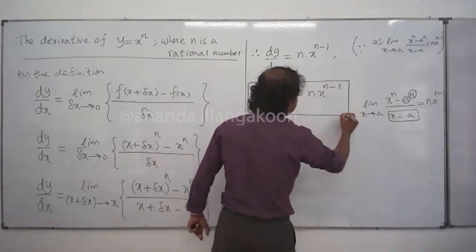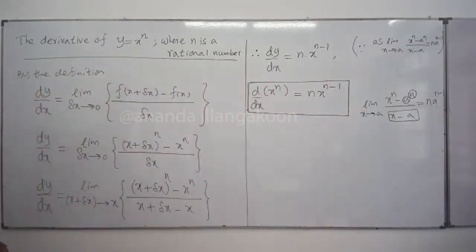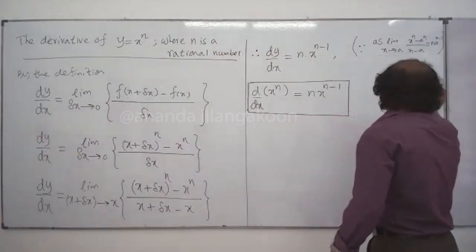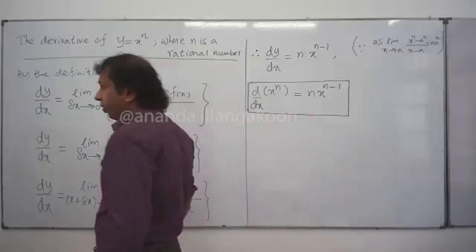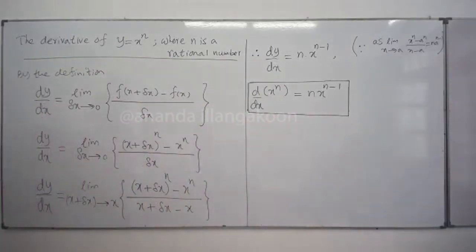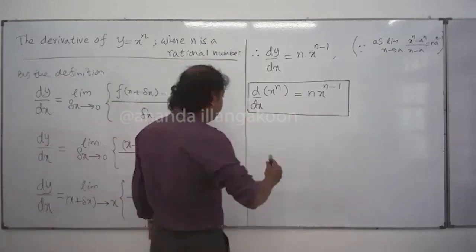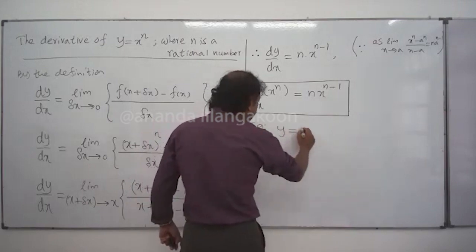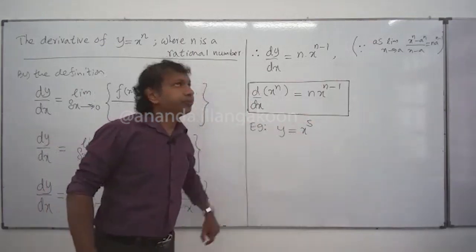We can write it like this, n x^(n-1). What is this result, people? For example, y equals x to the power 5. This n is 5.